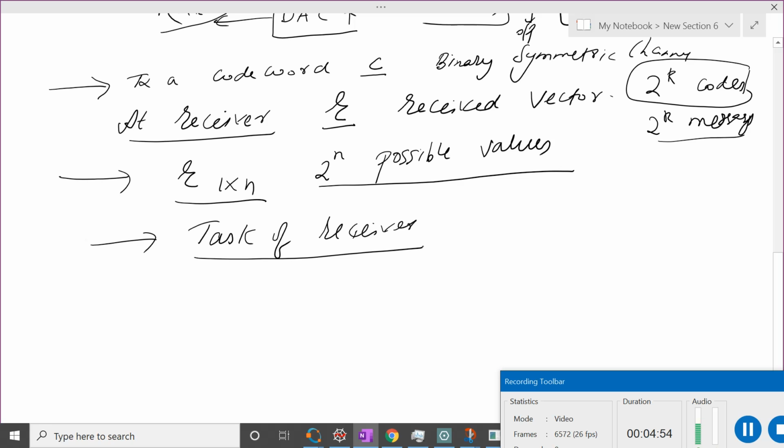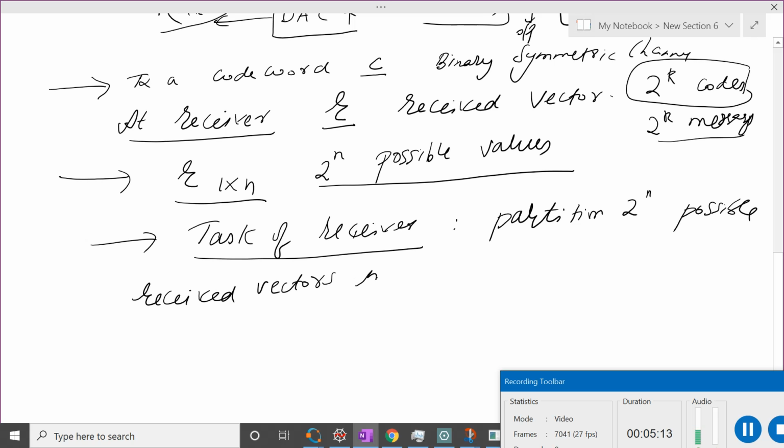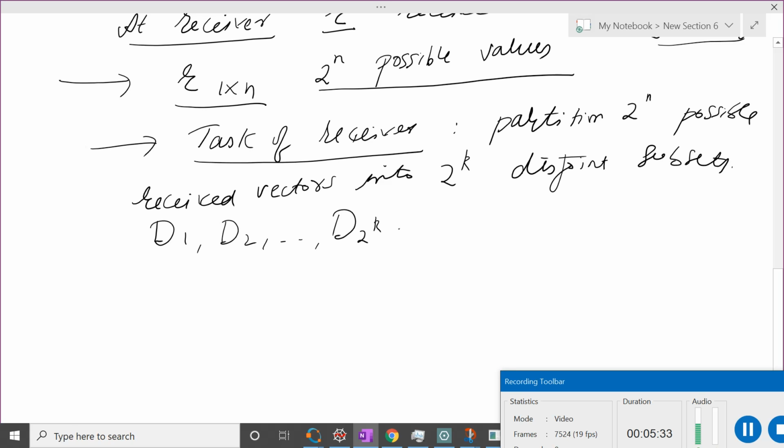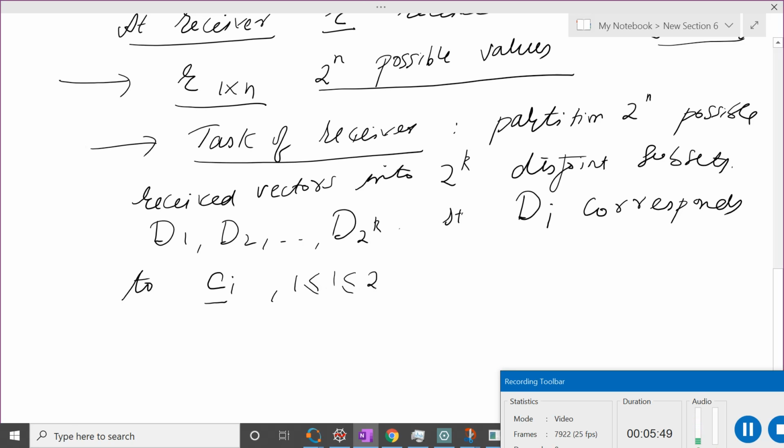The task of the receiver is to partition these 2 to the power n possible received vectors into 2 to the power k disjoint subsets, say D1, D2, up to D 2 to the power k, such that the ith subset Di corresponds to the ith code Ci, for i from 1 to 2 to the power k.